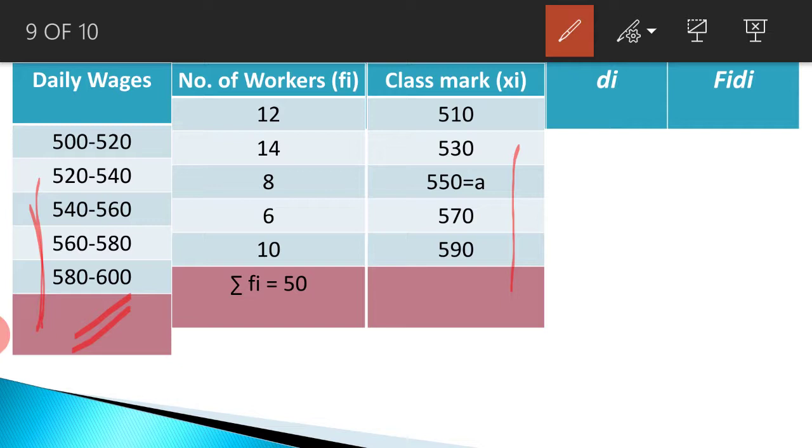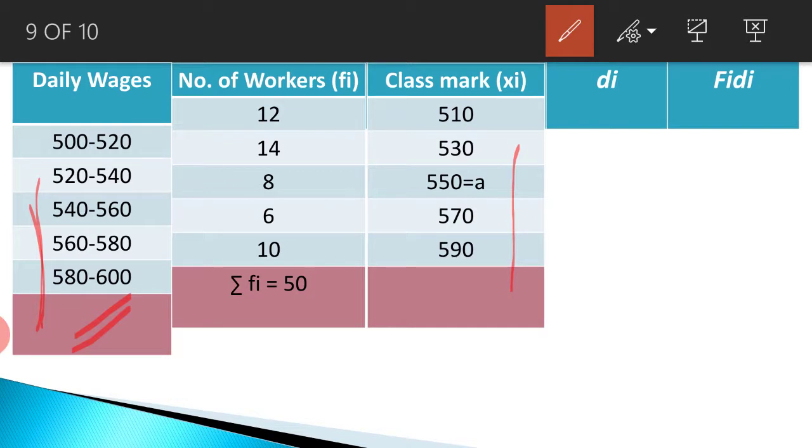Is it clear? So now we have found the class marks. Now if we multiply 510 into 12, 530 into 14, huge numbers will be generated, and the greater the numbers, the greater the chances of mistakes. So we have to reduce these numbers.